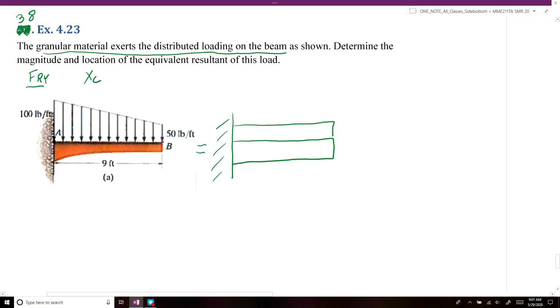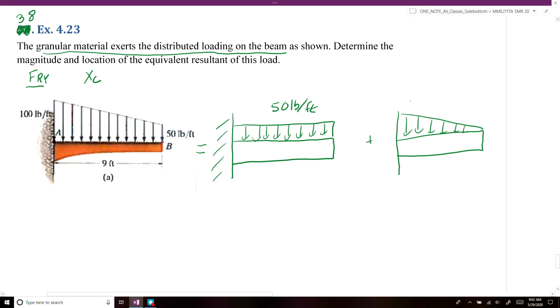We could treat this as being this problem, which has a 50 pounds per foot distributed load from point A to point B, plus the addition of a triangular distributed load from point A to point B, where its maximum value would be at 50 pounds per foot, and its smallest value would be at 0 pounds per foot.